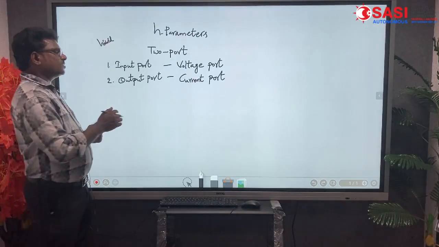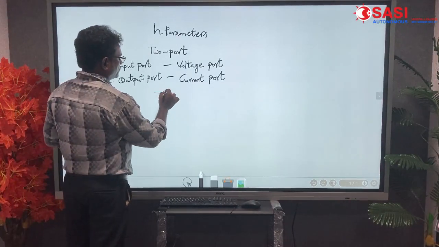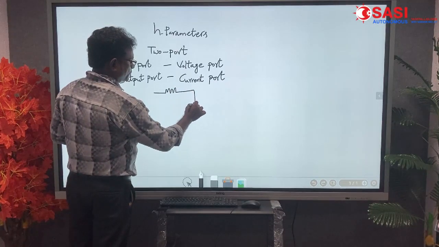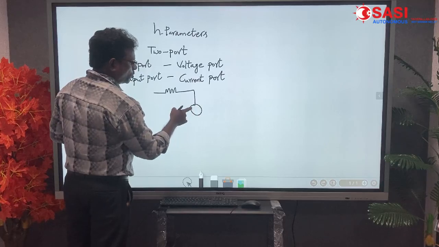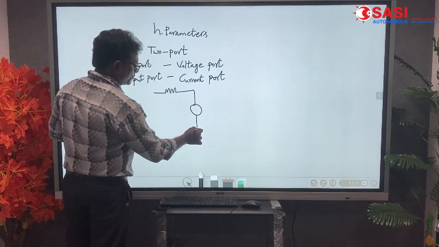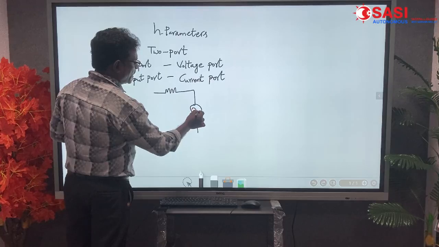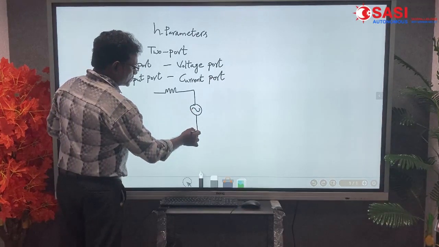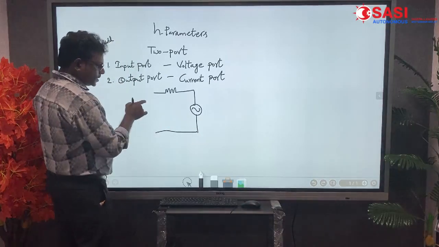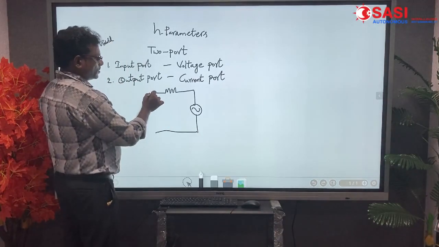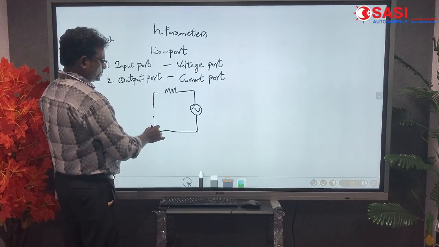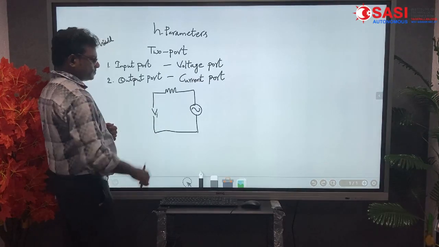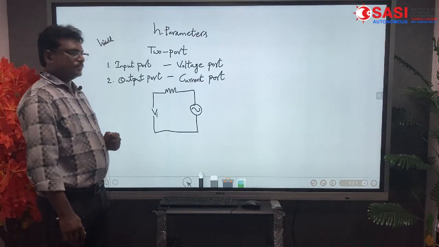In the network formation, the diagram is like this. This is the first port, and it has the voltage source. The voltage source is identified like this, as a sine wave. This is the input port, named with the input voltage VI, the source voltage.